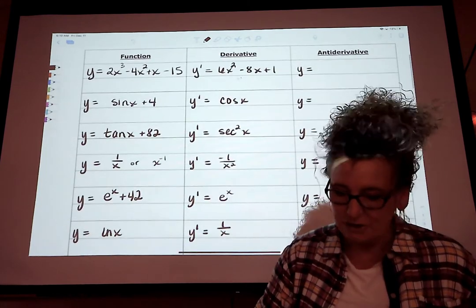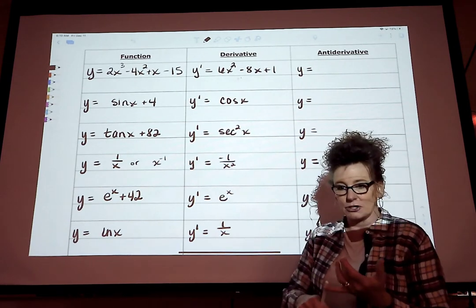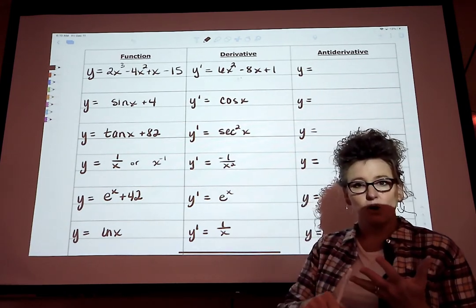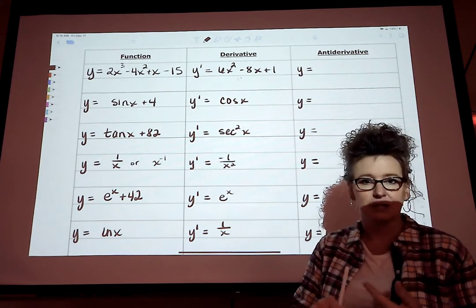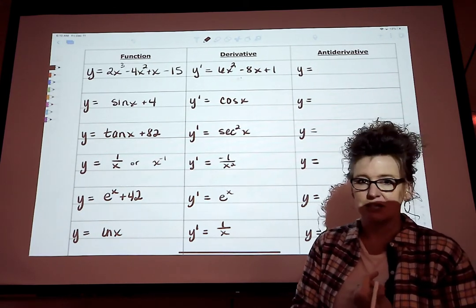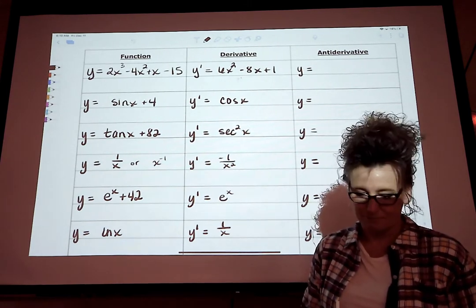Notice that in all these simple derivatives, I never used product rule, quotient rule, chain rule, implicit differentiation, or logarithmic differentiation. They were very simple derivatives.